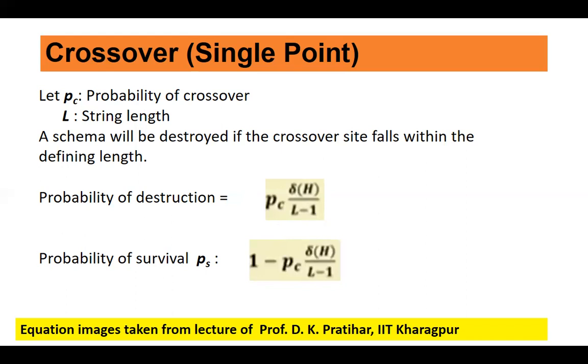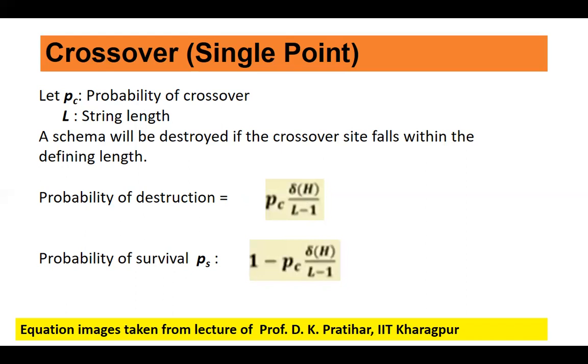Now, there are two probability values, one is PC and another one is delta H divided by L minus 1. This is the probability of selection of site for the crossover, and this is the probability of crossover. So there are two independent probabilities which are multiplied to get the probability of destruction.